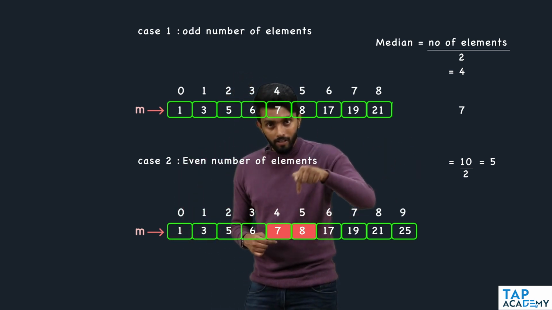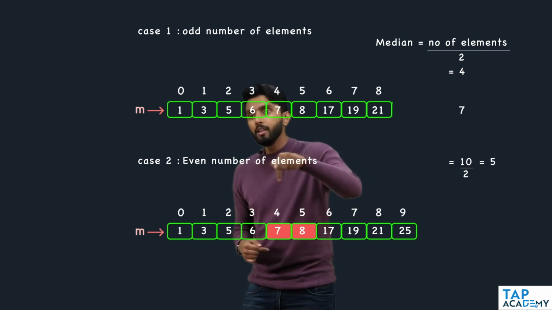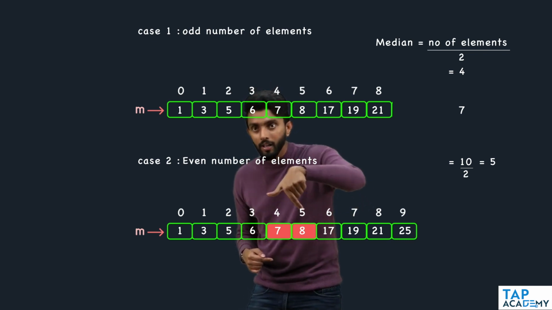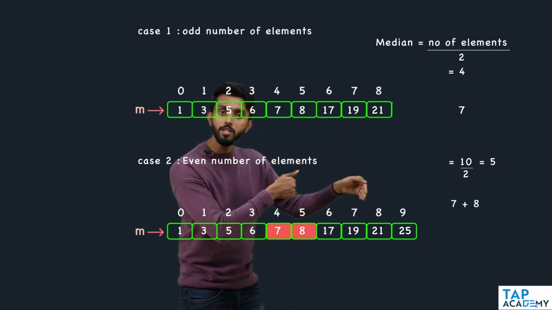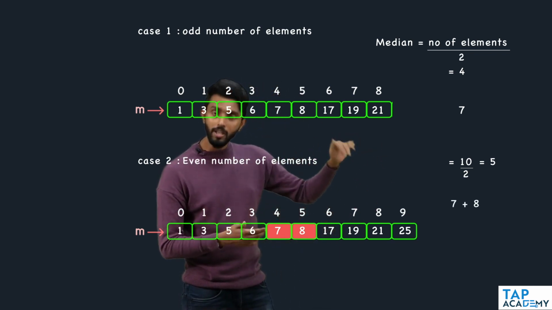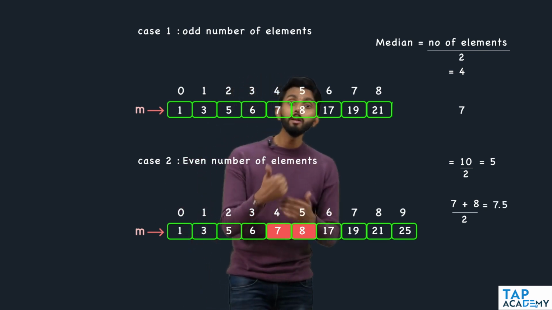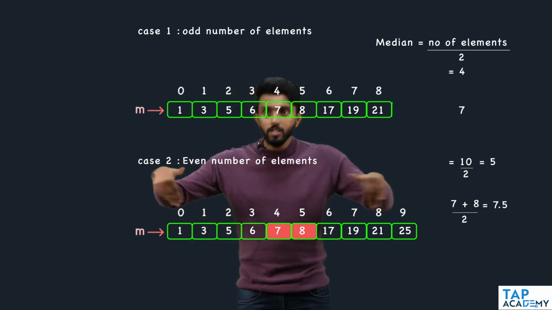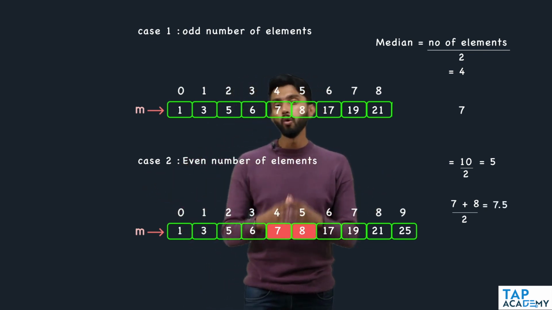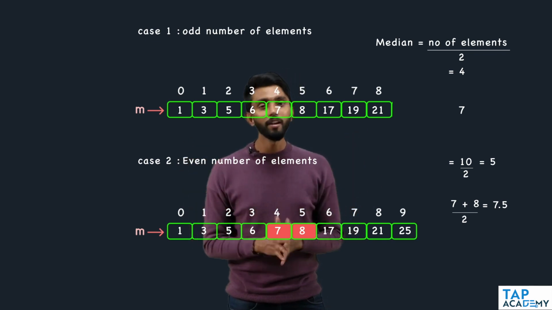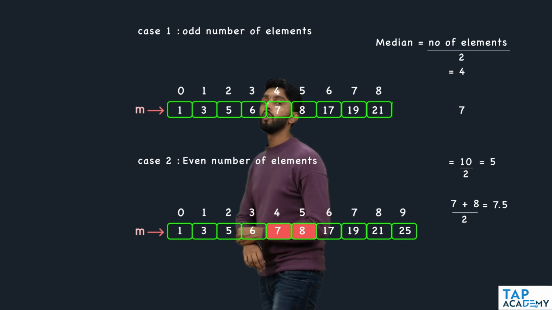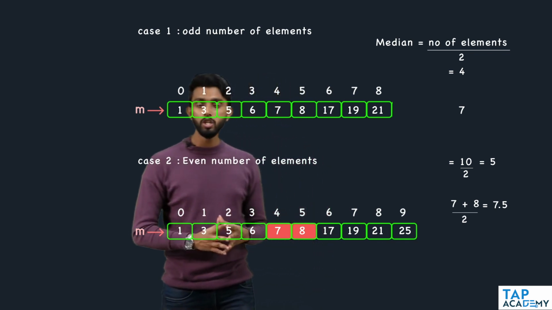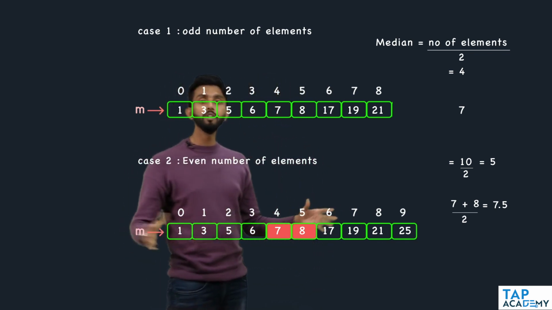Now the mid element and the mid minus 1 element, these two elements you take and add them together. 7 plus 8 divided by 2 is nothing but 7.5. So in this case your median is 7.5. Any confusion till here? So naturally, as a programmer who is going to write logic for this question, you have to consider both these cases.